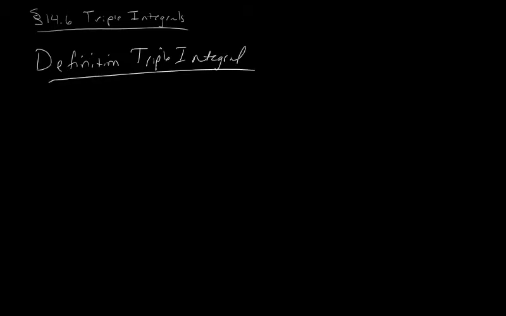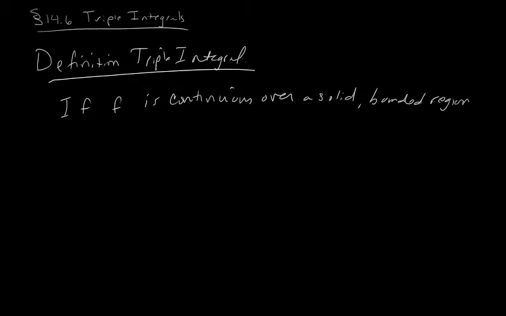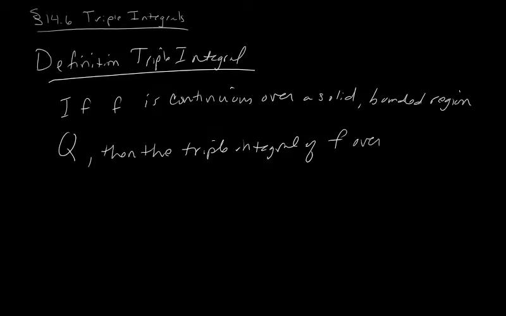Section 14.6, triple integrals. So let's begin with the definition of the triple integral. If f is continuous over a solid bounded region, which we will call Q, then the triple integral of f over Q is defined as follows.